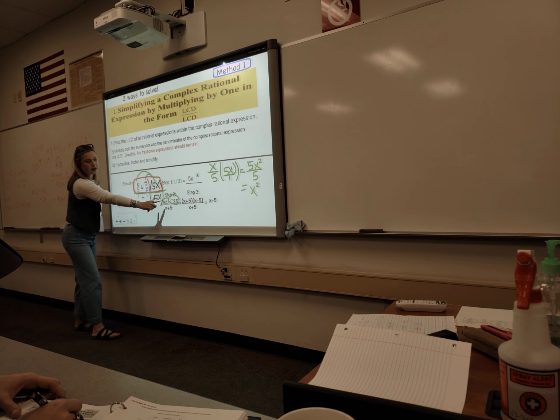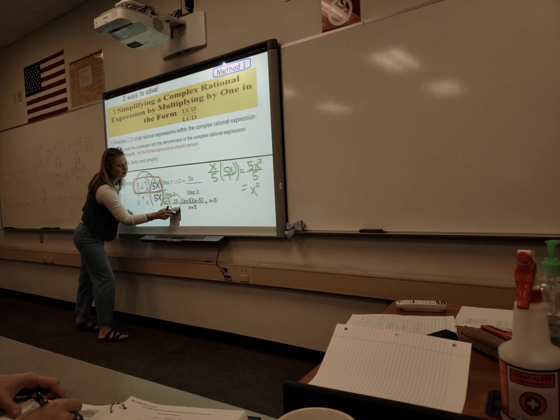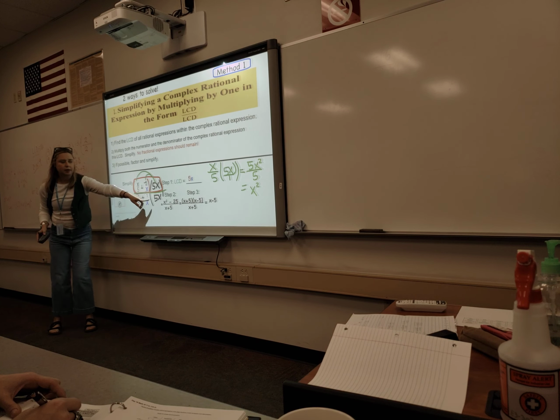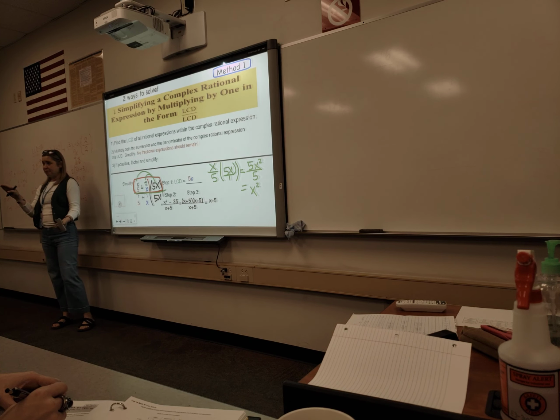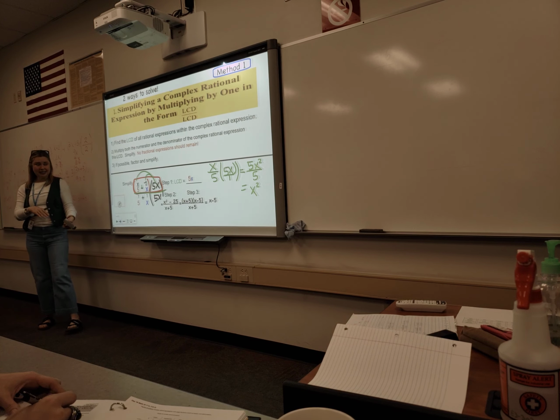So we're just focused on this x squared minus 25, right here in step 2. You with me on that? Everybody with me on that? Okay, we're going to get to the denominator next.